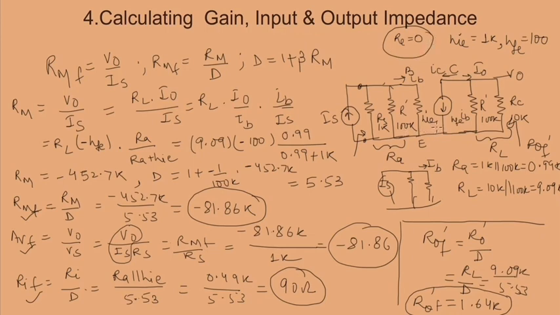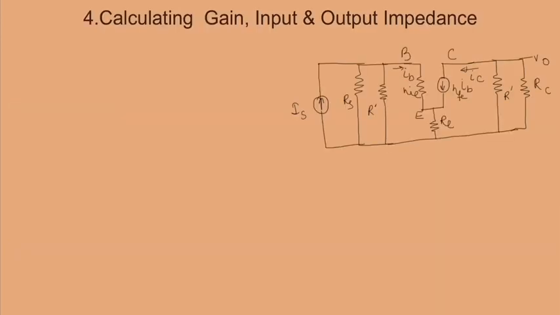Now we have to repeat all the calculations taking the emitter resistance into account, which is equal to 1K. Again the same values, 1K, 100K. This circuit is a little simple, 100K and 10K, HIE 1K again, and HFE of course given is 100.